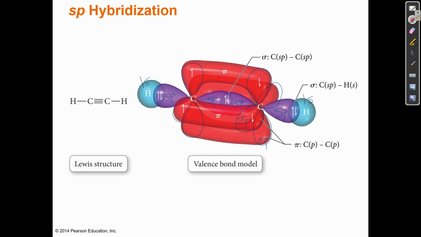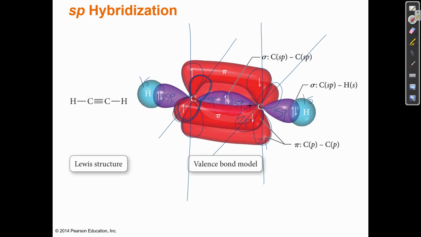And remember, p orbitals are perpendicular to each other, so I've also got a set of p orbitals on the z-axis here, perpendicular to these that are going up and down. When these overlap, they're also overlapping edge-on, so that's another pi bond. I have one pi bond from the overlap of the orbitals on the vertical axis, and one pi bond from the overlap of the 2p orbitals on the z-axis.